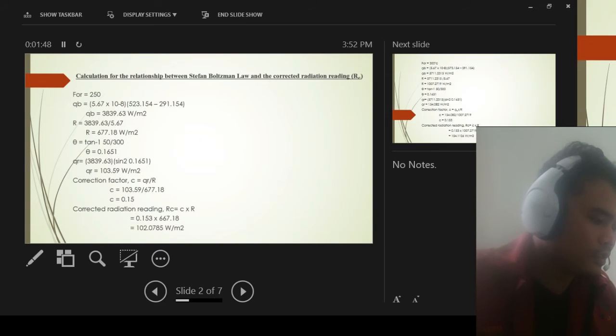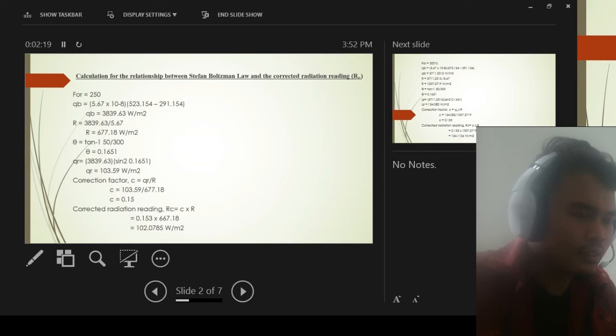First, find the energy radiated by the black body, QB, equals sigma times the Stefan-Boltzmann constant. The value is 5.67 multiplied by 10 to the power of minus 8, multiplied by the bracket T4 to the fourth minus T1 to the fourth.